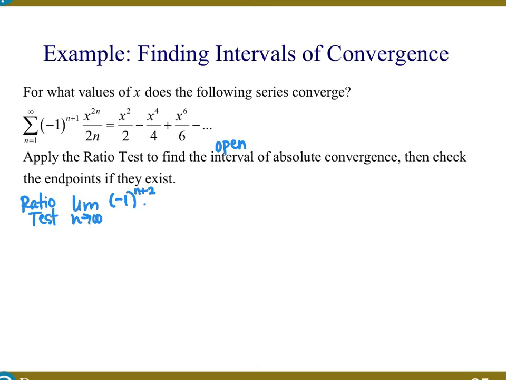And then times x to the 2 quantity n plus 1, over the term 2 times n plus 1. And then we're going to multiply that by the reciprocal, 2n over -1 to the n plus 1 and x to the 2n. So let's simplify all of these.